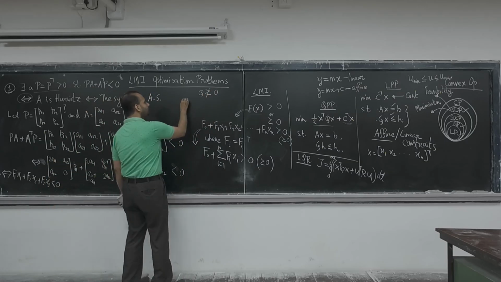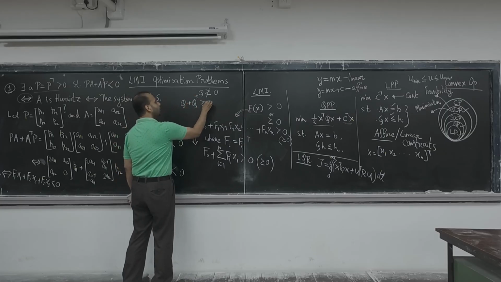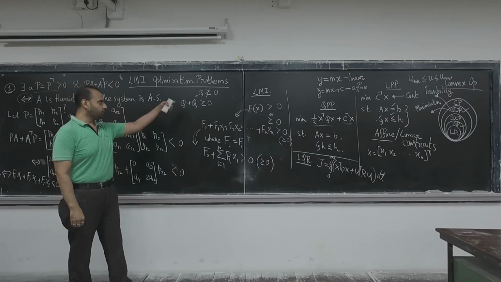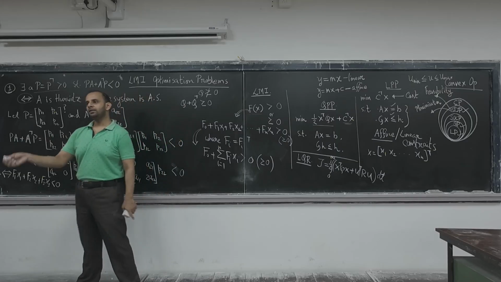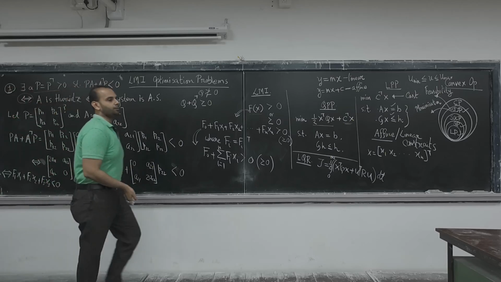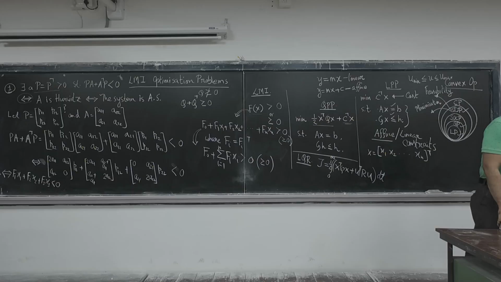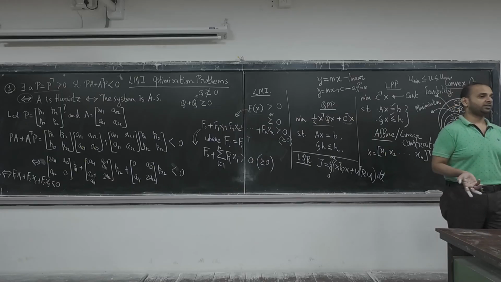Then can we somehow work with Q plus Q transpose, which is positive semi-definite? Q plus Q transpose means that we are working with the real Hermitian part, right? So by applying an alternative technique, if we can convert that problem into the SDP framework, that is one possibility.